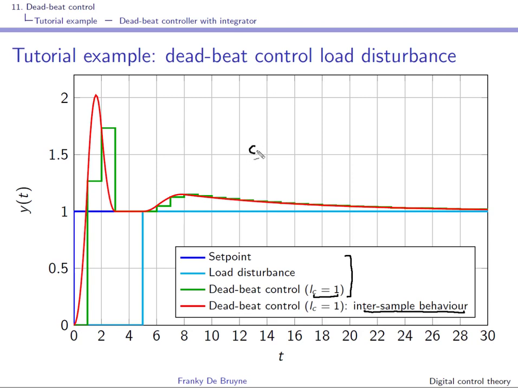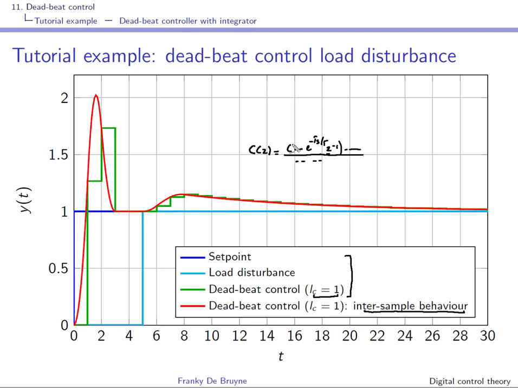Remember that C(z) had in the numerator a part that was (1 - exp(-Ts/τ)) over (z - 1), and then the rest.